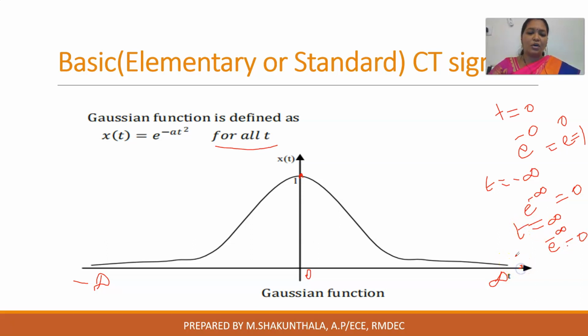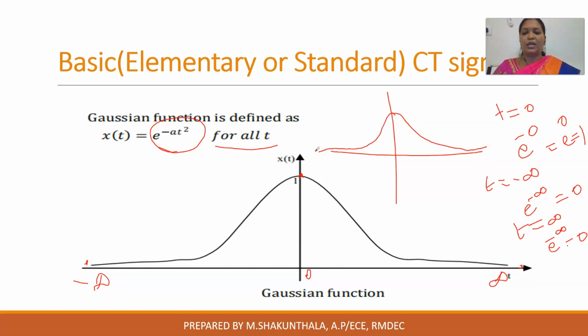Since e power minus a t square is like an exponential curve, it keeps on degrading and reaches 0. So you will have a bell-shaped curve, degrading on both sides and reaching 0. So it is a Gaussian signal.